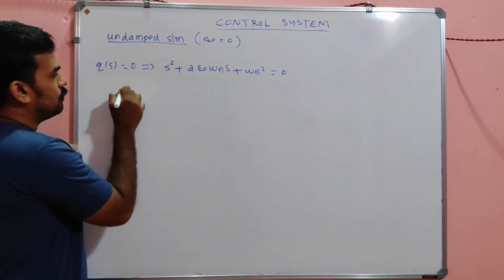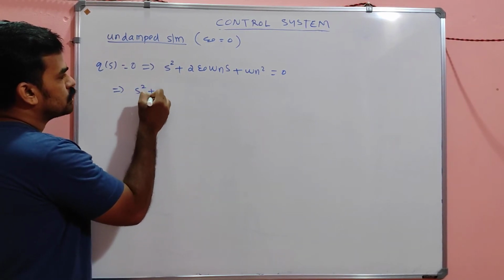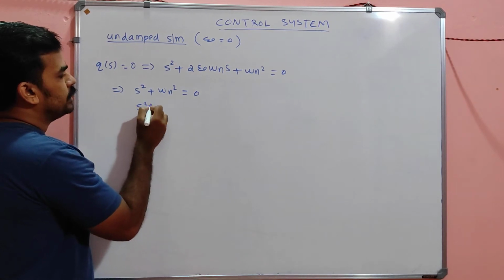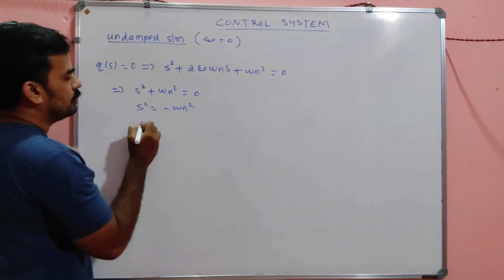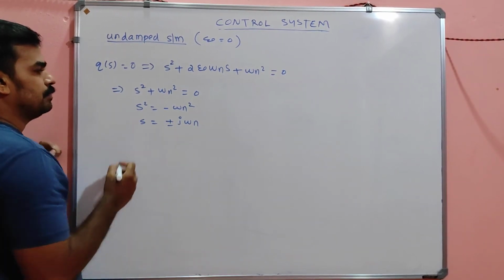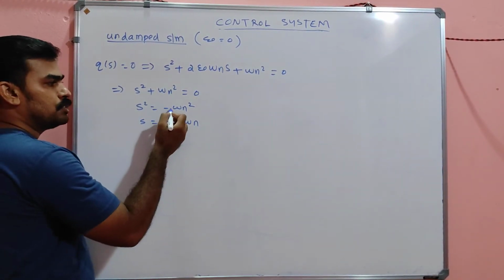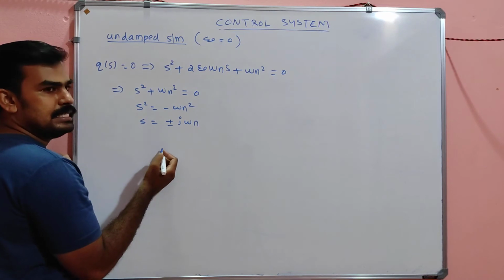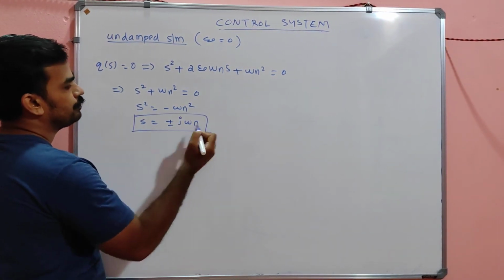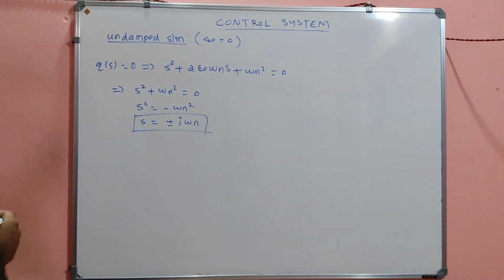But theta equal to 0 now, so S square plus omega n square equal to 0, or S square equal to minus omega n square, or S equal to plus or minus j into omega n. Taking root of minus 1 means plus or minus j. Plus or minus j into omega n will be the value of S.